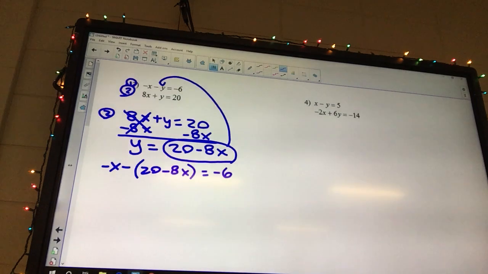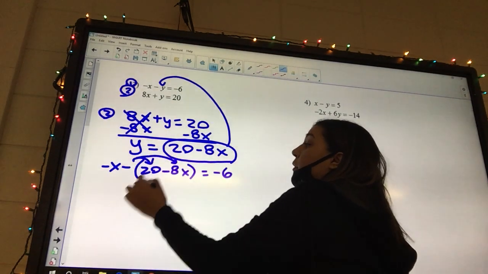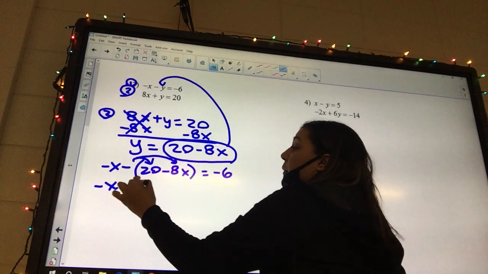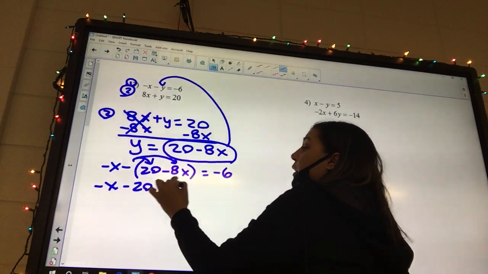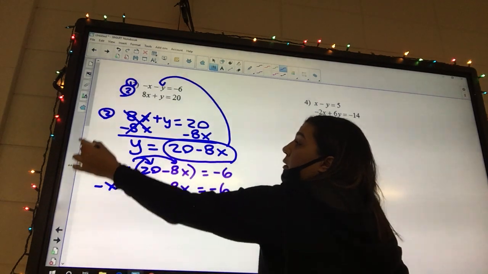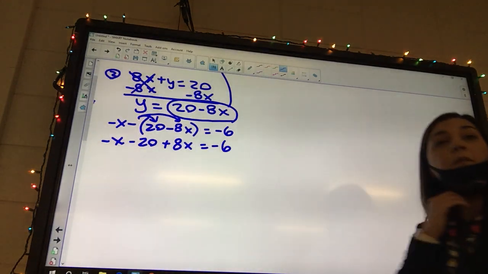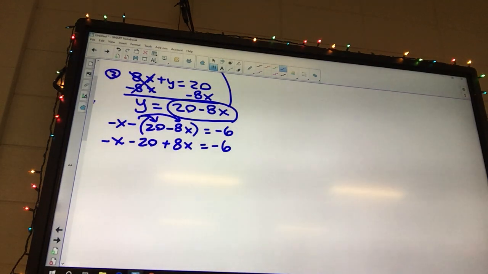Okay, so we need to distribute that -1 there. Okay, there's really a -1. So it's going to be negative x minus 20 plus 8x equals -6. Okay, what would our next step be? Look at it.